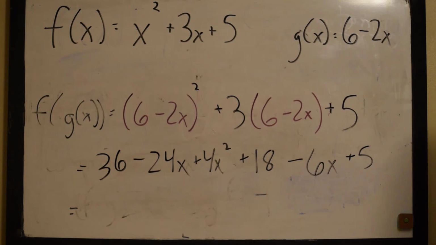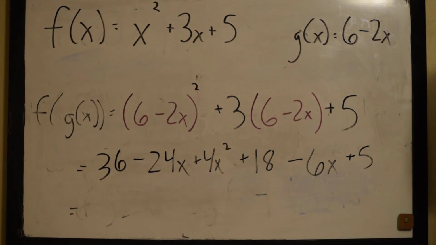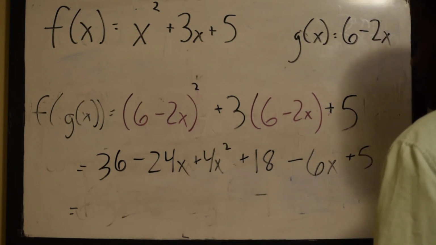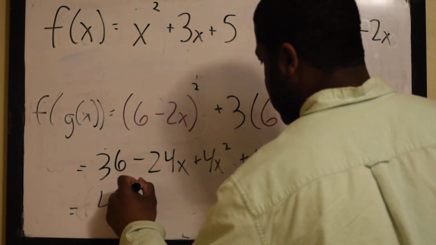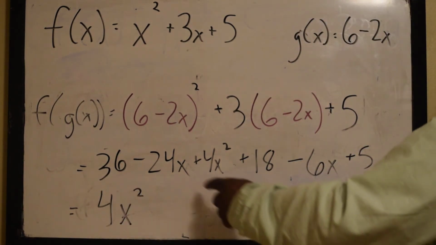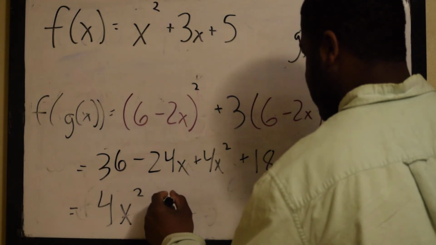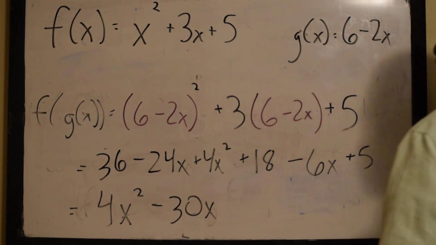Okay, now remember we have a polynomial, so we're going to have to do this in descending order. I'm starting with my x squared terms. That is 4x squared. Negative 24x minus 6x is negative 30x.